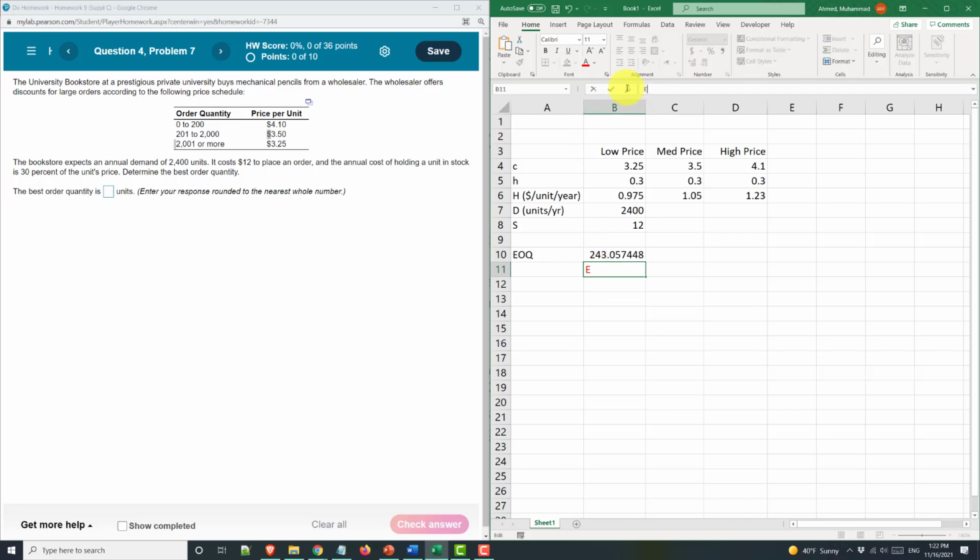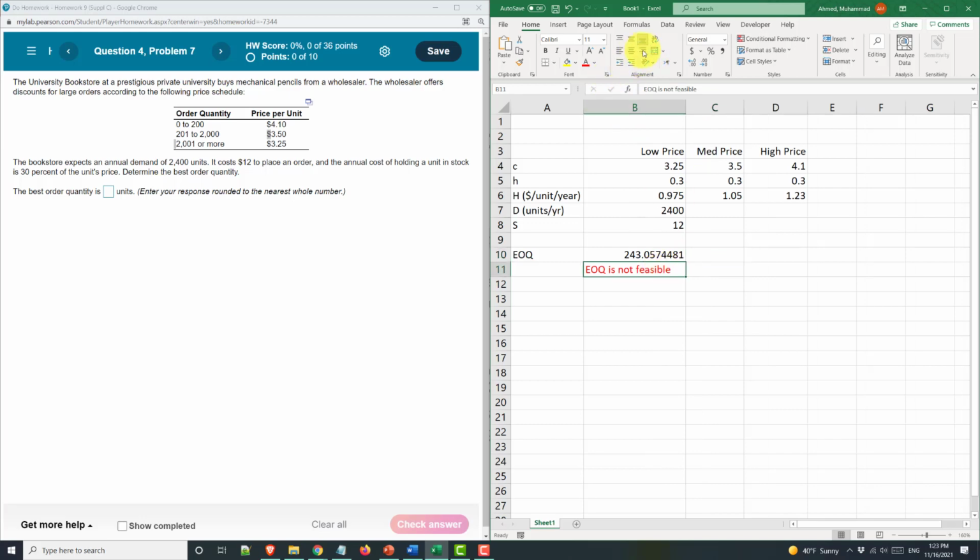The solution, the EOQ, is not feasible for this one. So because it's not feasible, I have to go on and calculate the EOQ for the medium price. So we'll do that. Now, I can just drag this formula to the right. It will automatically calculate EOQ, except that it refers to a cell 2 cells above it, and there's nothing here.